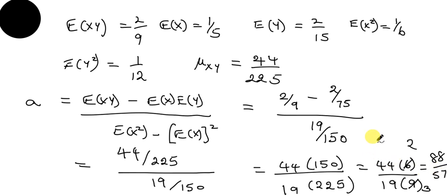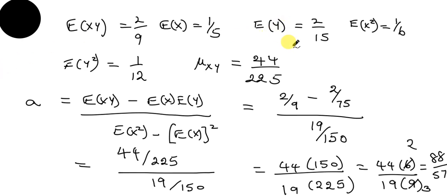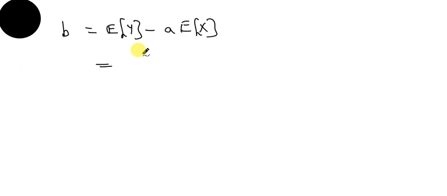From this, I can also calculate my B in a similar fashion. So what is the formula for calculating my B? My B is nothing but E of y minus A into E of x. What is our E of y? E of y is 2 by 15 and E of x is 1 by 5.